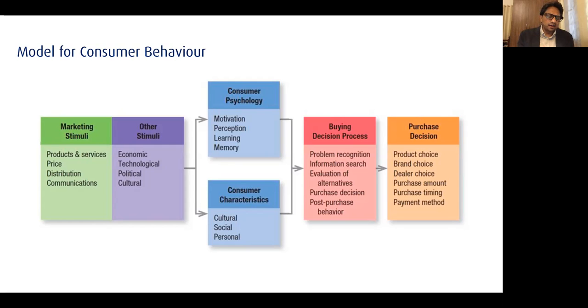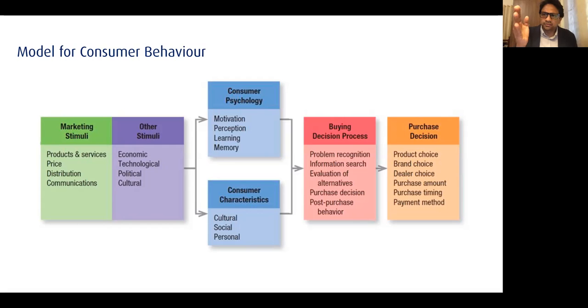Very similar to what we are currently facing in terms of COVID, which is more of an economic as well as a political situation, forcing us to stay within confined limits, stay at home, work from home, not delve outside. So this has a lot of impact on our purchase behaviors. A few things that were thought so easily possible some time back have completely changed.